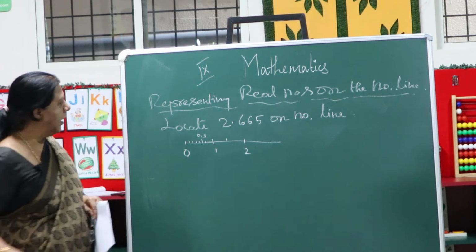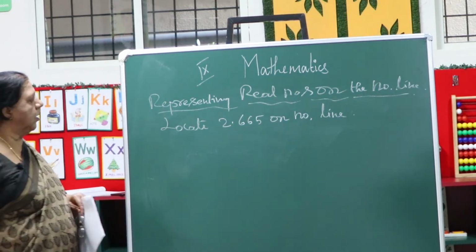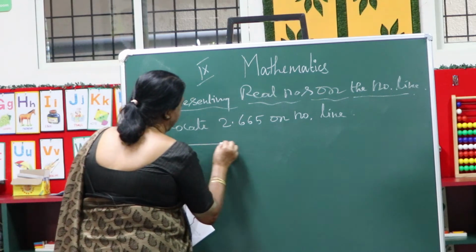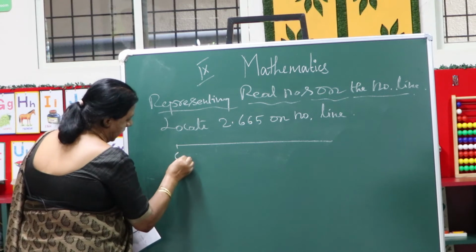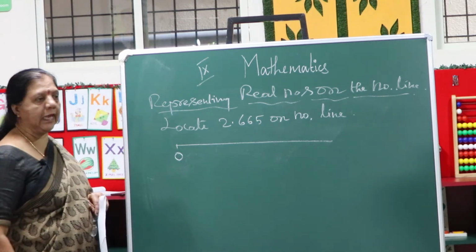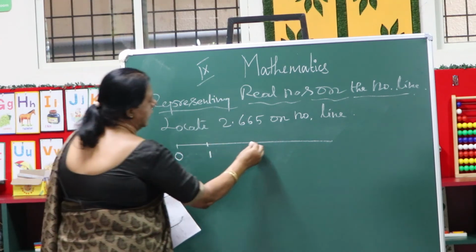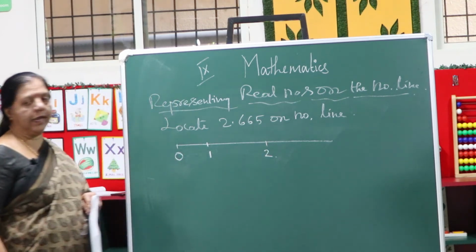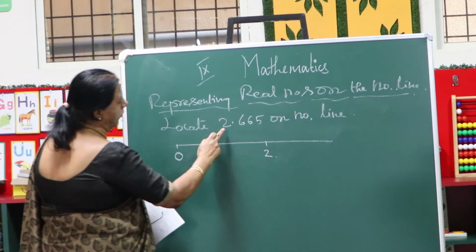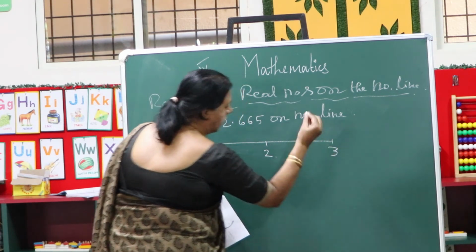So here what they have given, take for example first step you go for that one. It starts only the right hand side I am taking. 0, here is a 1, here is a 2, here is a 3. Following, children?